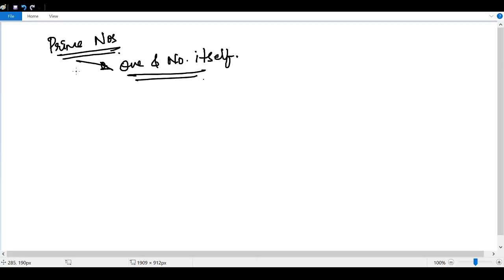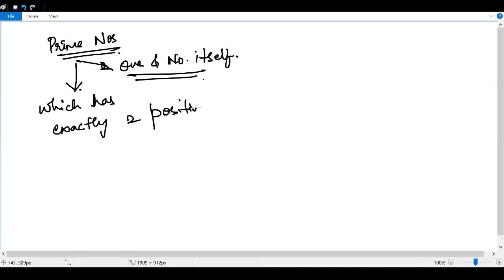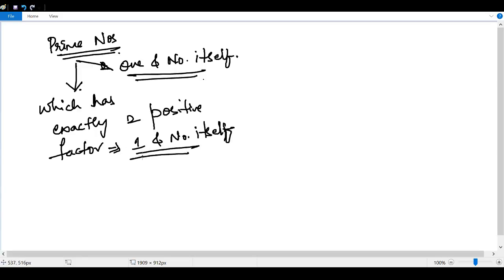Basically, we should actually say prime numbers are numbers which have exactly 2 positive factors, which are 1 and the number itself. So it has exactly 2 positive factors, 1 and the number itself. So that's a prime number.